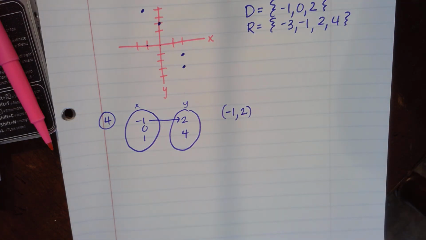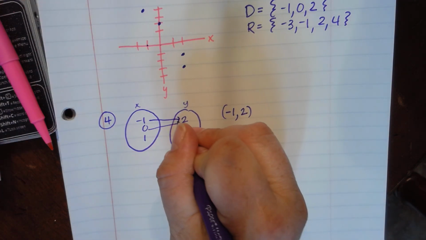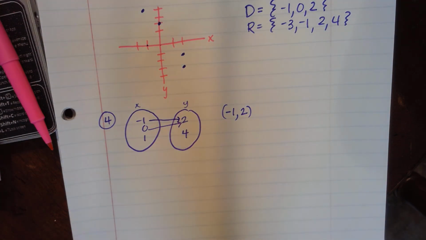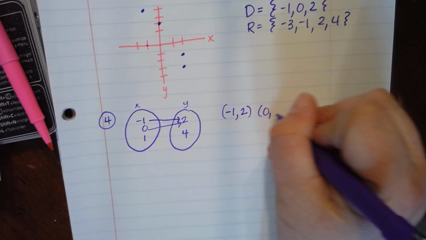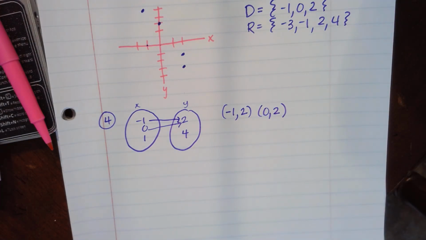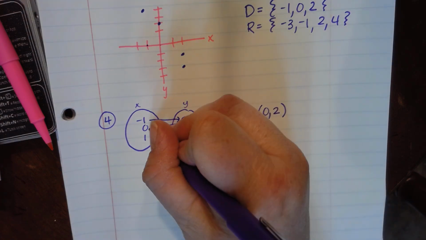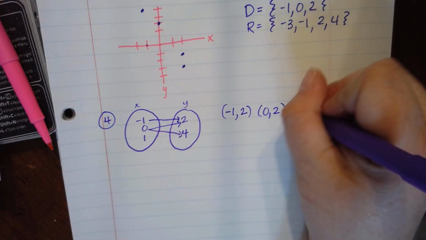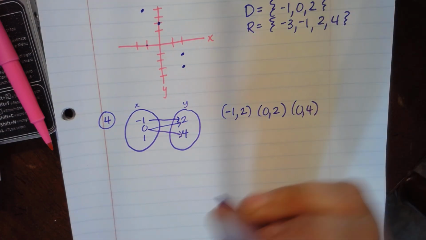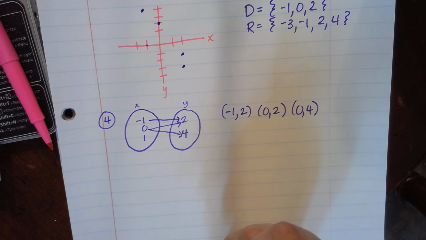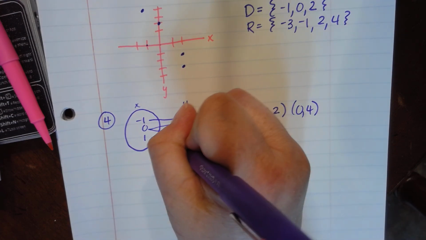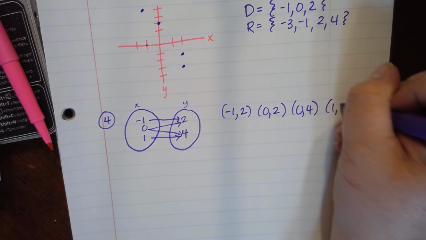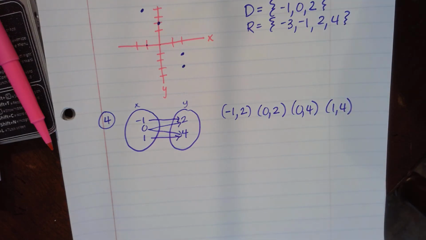All right. Next, they drew an arrow from 0 to 2. And then they draw an arrow from 0 to 4. And 1 to 4. Okay, so I'm just going to write these coordinates down.